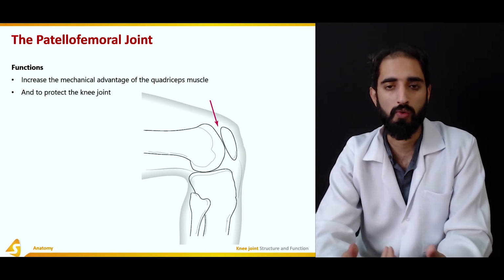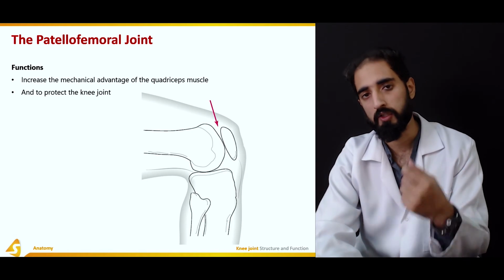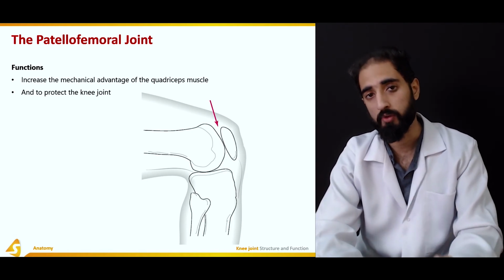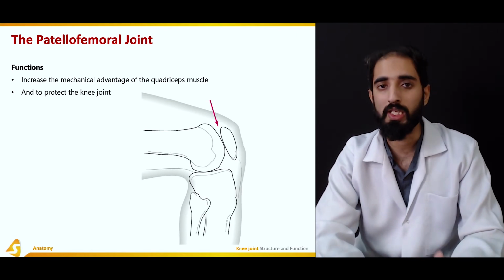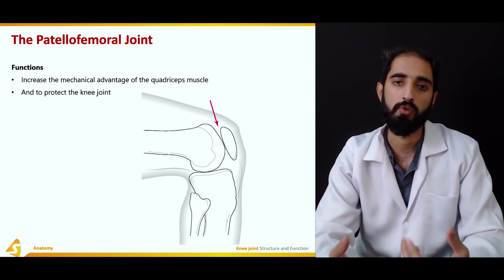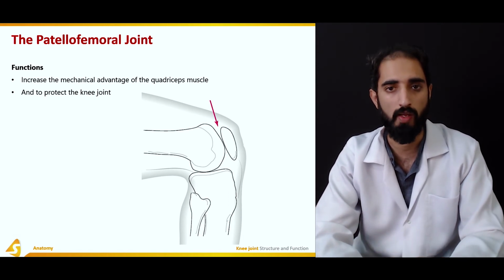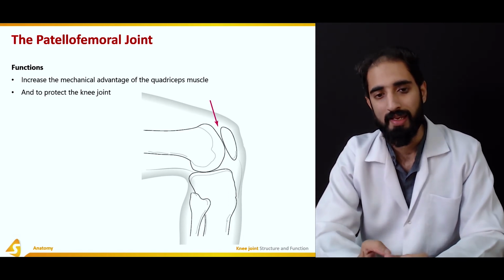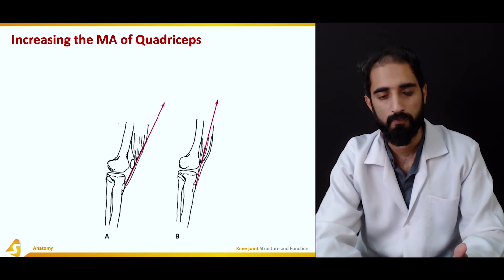It actually increases the moment arm of the quadriceps muscle, and when I talk about the moment arm, I am talking about the effort arm. So when we increase the effort arm, we need less force to be exerted by the quadriceps to bring about the same level of torque. Moreover, the patellofemoral joint also protects the knee joint, or conventionally speaking, the tibiofemoral joint.